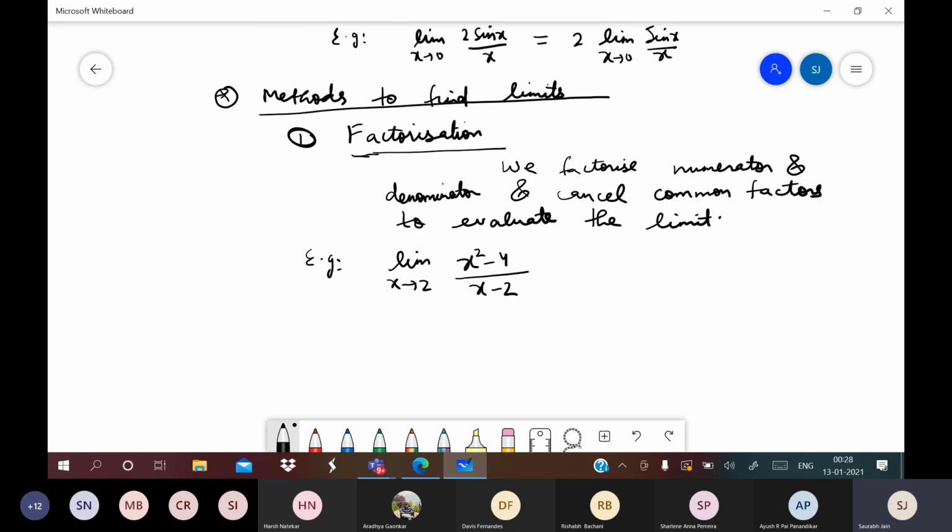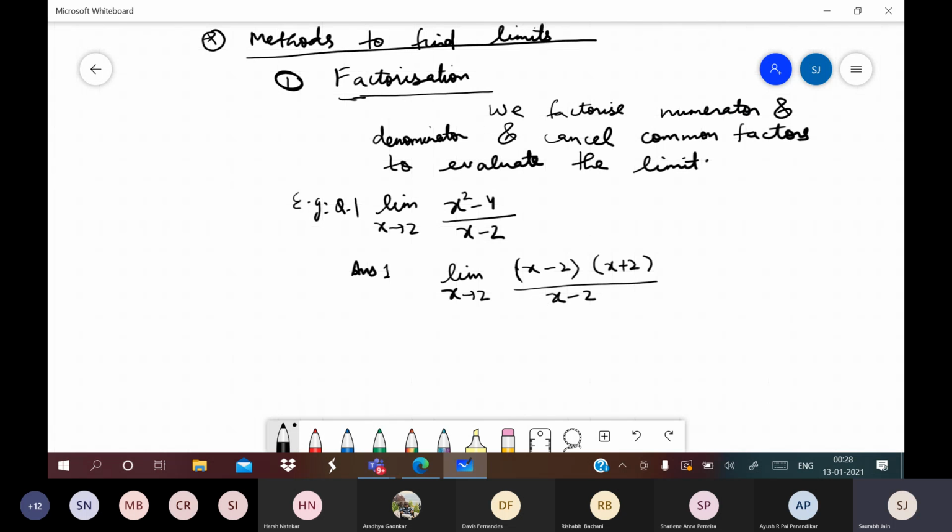So here we are going to do it now. You will see whether you can factorize the numerator, the denominator, or both. So here we can very easily factorize the numerator, and now you see that there is a factor which is common in numerator and denominator.